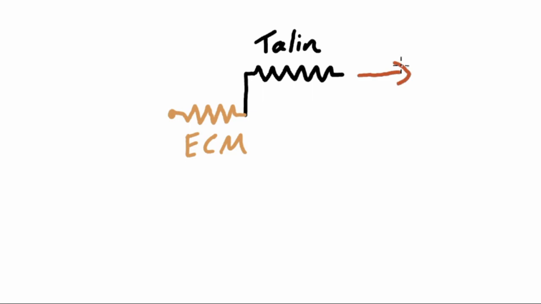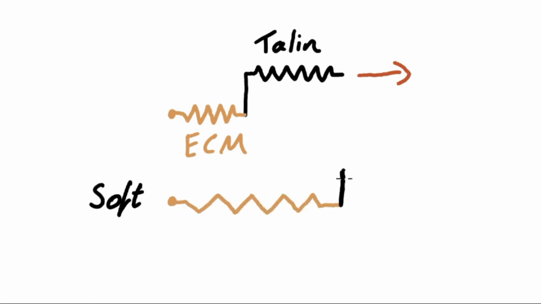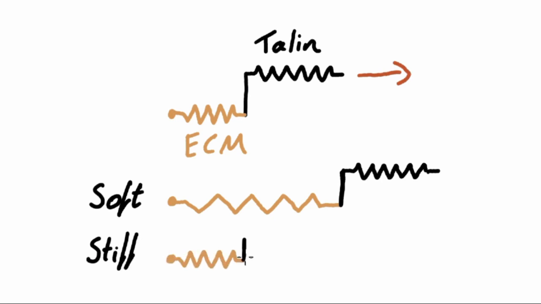Tension is then applied through the force-generating units of the cytoskeleton. If the ECM spring is soft, it will be extended, while the Talin spring will remain at its original length. Conversely, if the ECM spring is stiff, it will remain compact, and the Talin spring will be extended. In cells, this extension can be up to several times Talin's original length.